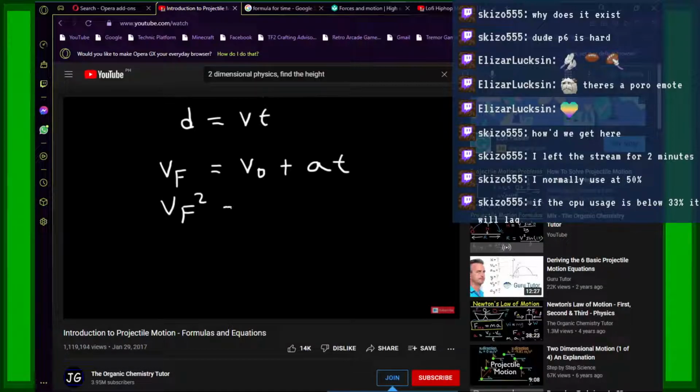The square of the final speed is equal to the square of the initial speed plus 2 times the product of the acceleration and the displacement.